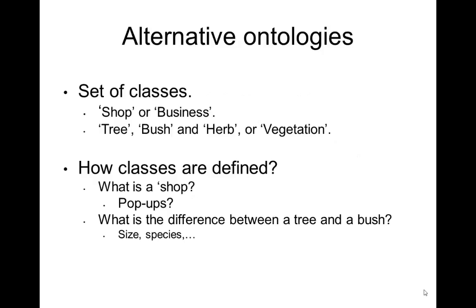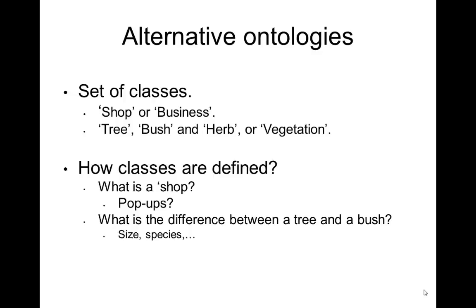As I say, we can have alternative ontologies of the same aspect of the world. And there are two ways in which ontologies can differ. One we've seen already is the set of classes that are defined. Are we defining a class called shop, or are we defining a class called business? Ultimately, this is just about names.